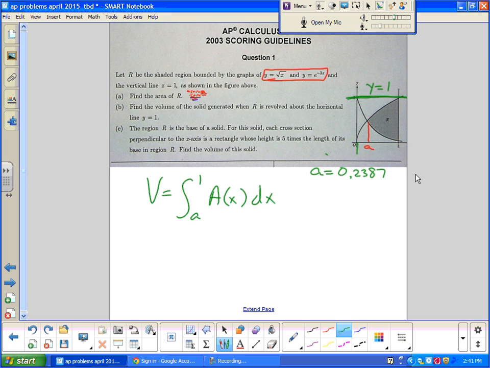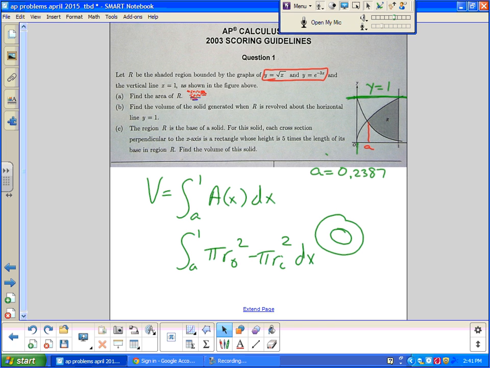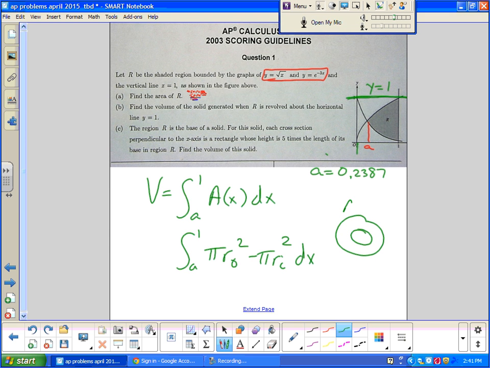Because that would have to be with respect to the y-axis. I don't want to try to solve this for y. We're going to go back to our old faithful. Again, I see a washer. I see A to 1 pi RO squared minus pi RI squared dx, right? Where I have to figure out my RO and my RI.